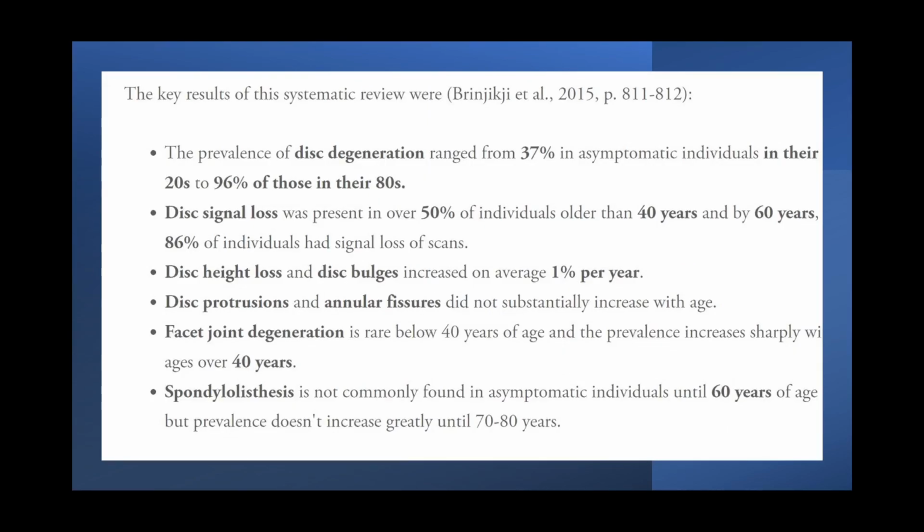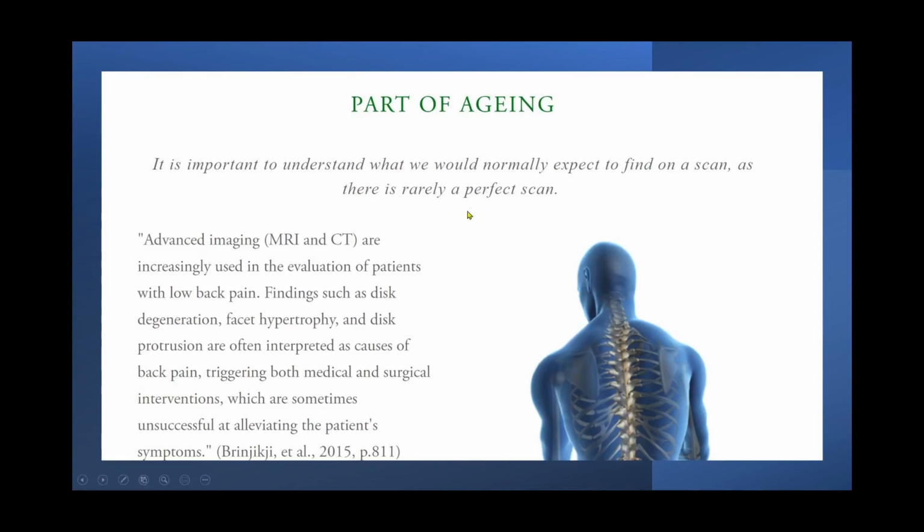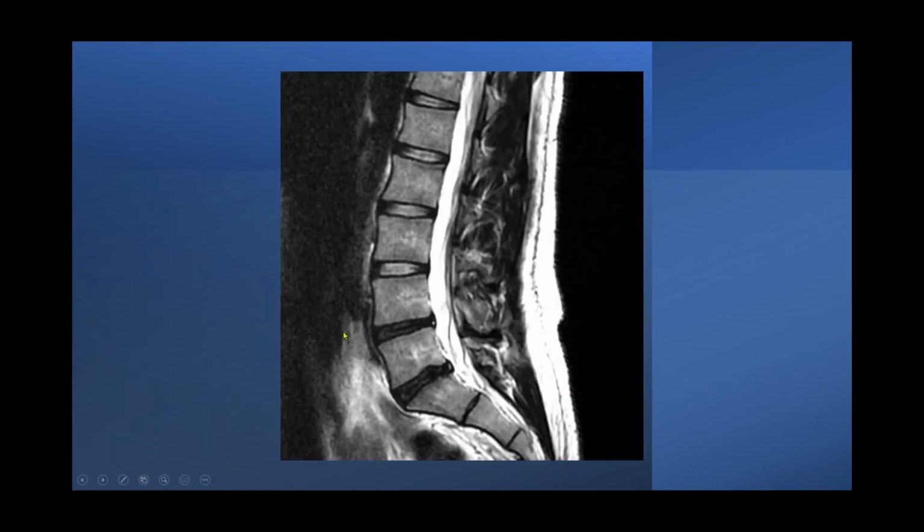It's just silly to say that these changes are not relevant because we know that there's many people who have these changes and they have lots of symptoms. And then we also know there's many people that don't have these changes and don't have symptoms. So hope that wasn't overstating something obvious to you.